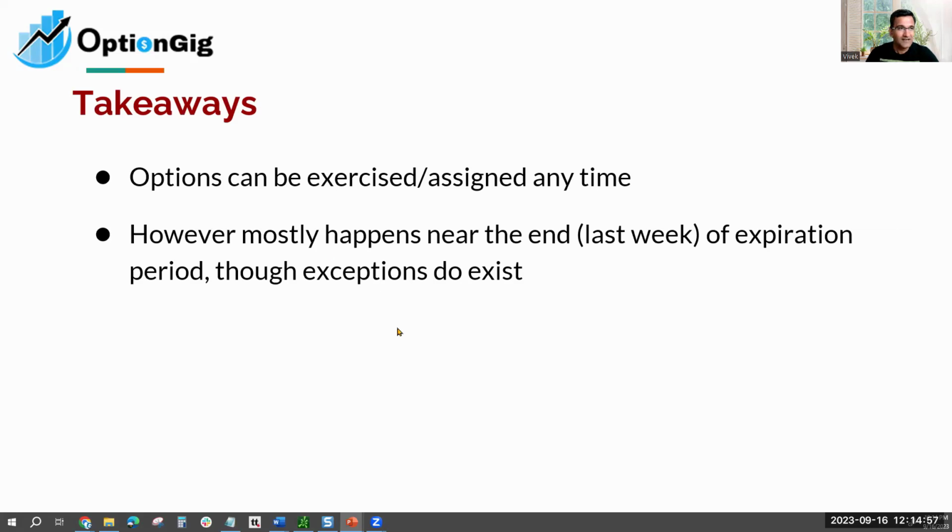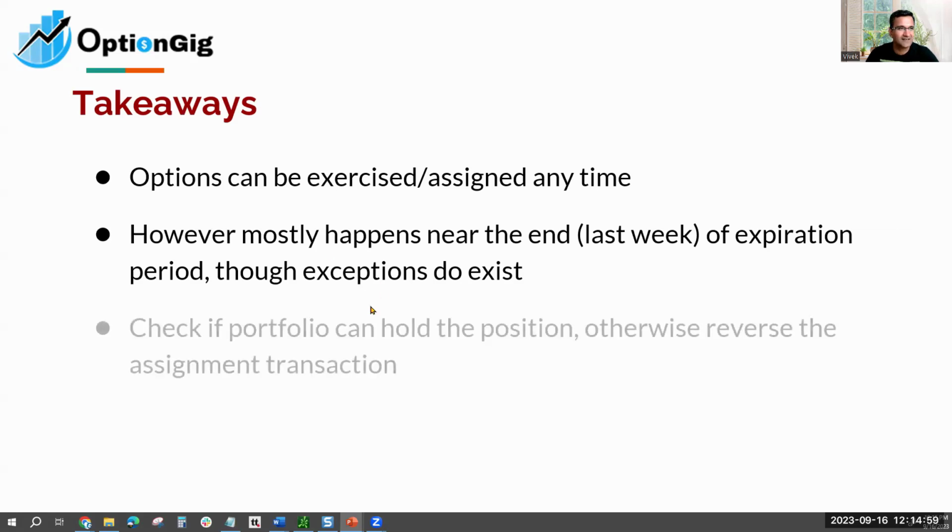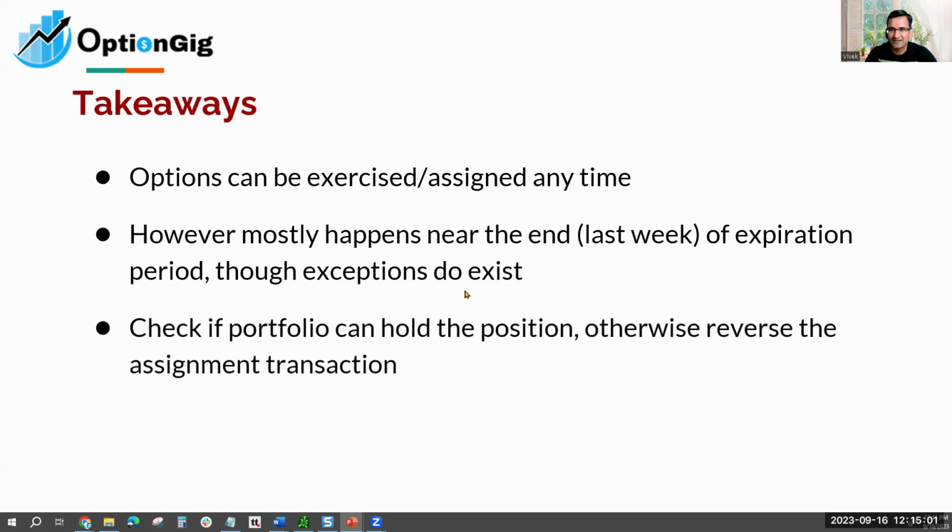But there are cases when you can get assigned early, and those are the cases when a dividend is coming up. Another case could be J&J, wherein they spun off a company, and if you hold J&J shares, you get a little bit of preferential treatment for buying shares of the spin-off company at some discount.